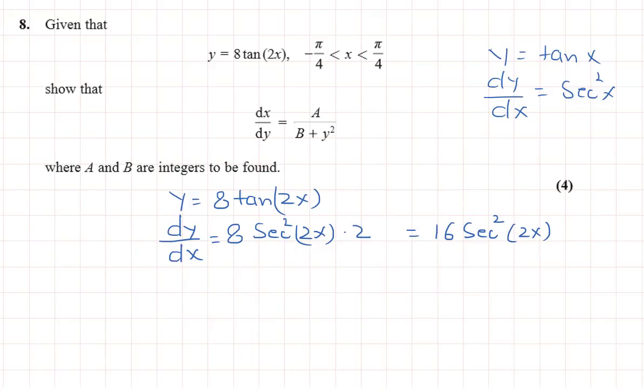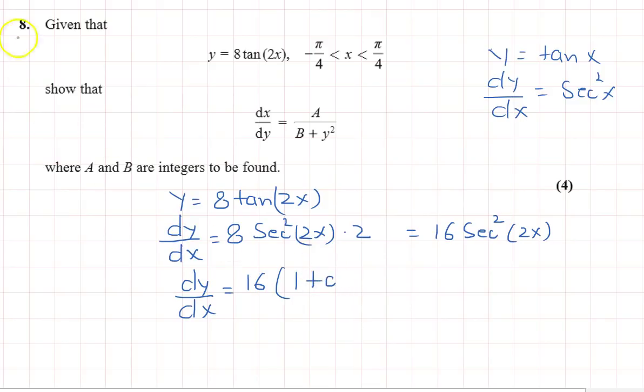So we have now dy over dx is 16 sec square 2x, and sec square x is equal to 1 plus tan square x. So we can write it as 1 plus tan square 2x.